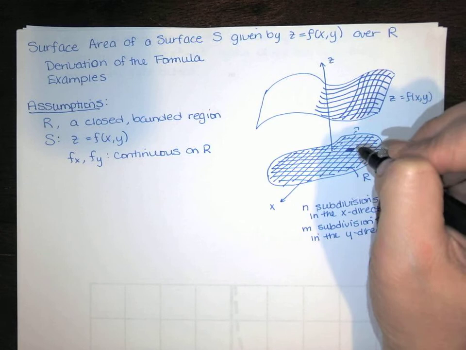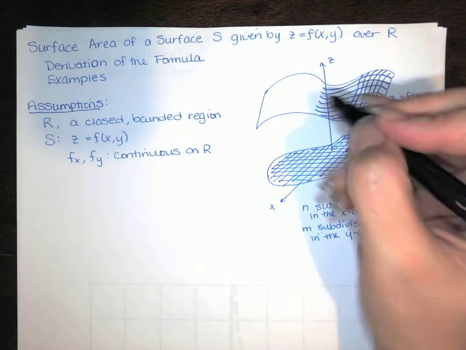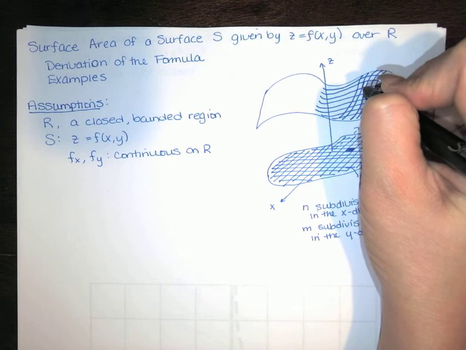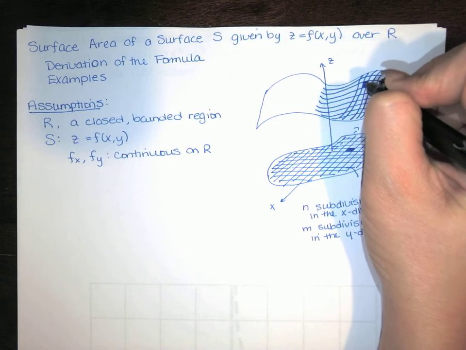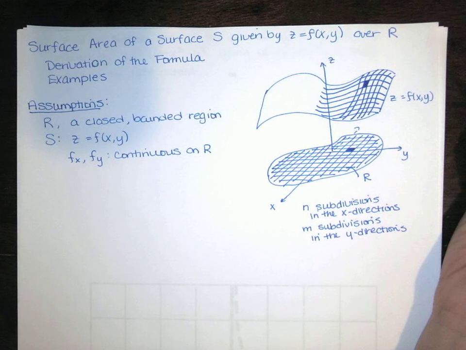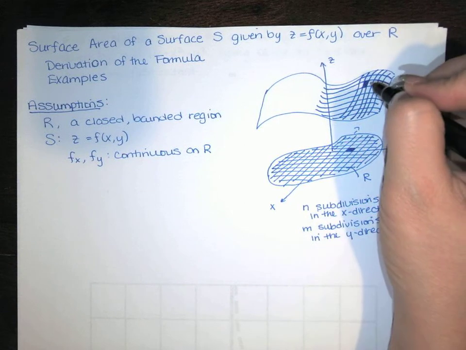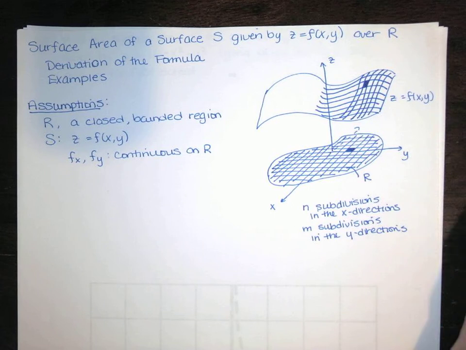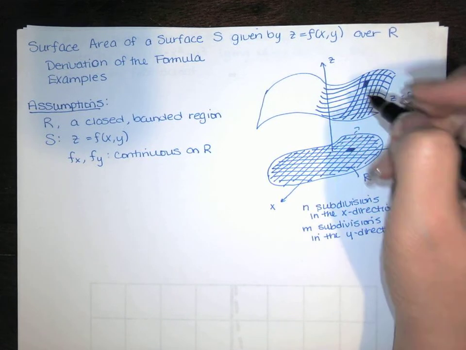So finding the surface area of this surface can be boiled down to this. If I can find the surface area of one little piece, or at least an approximation of the surface area of one little piece, well then I can add all of those up as i goes from 1 to n and j goes from 1 to m, and then we'll take the limit as the number of subdivisions in the x and y directions go to infinity.